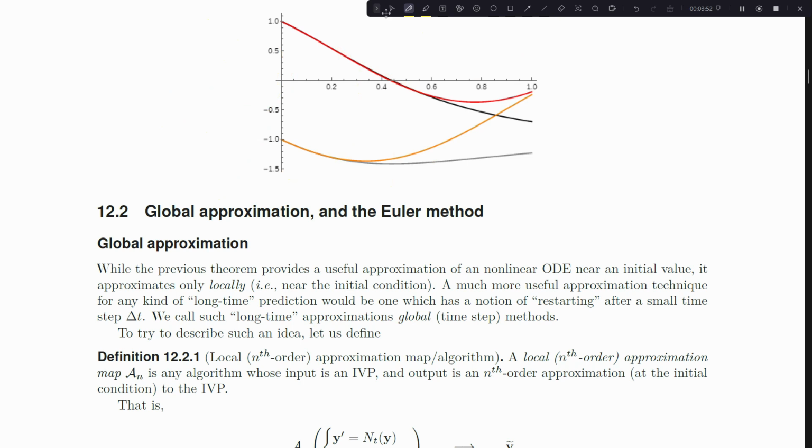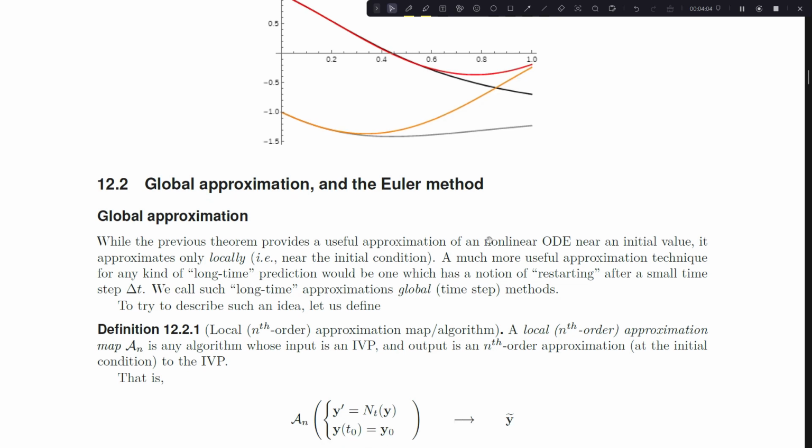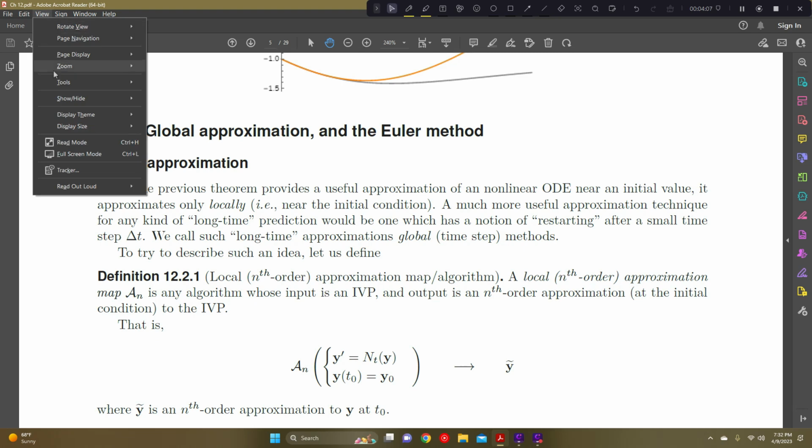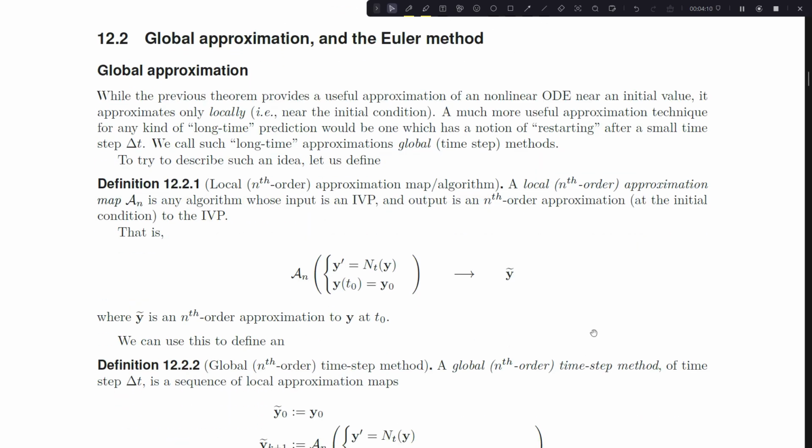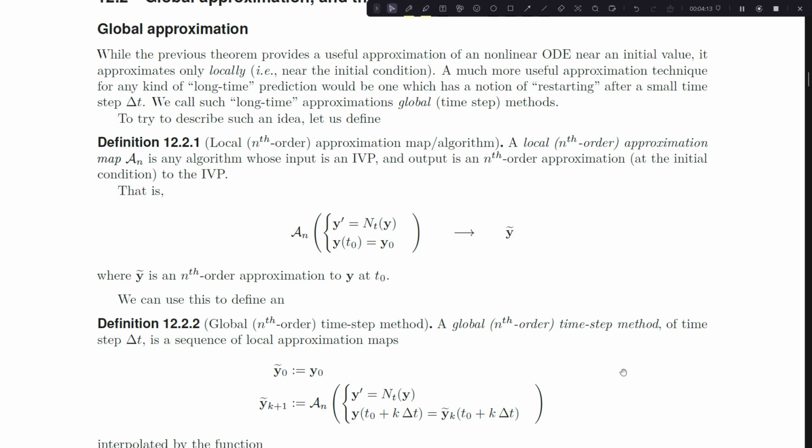This is basically like saying I'm going to run along tangent lines to the solution curves. How long will the tangent lines to the solution curves actually last? If I only run along a tangent line over a very short period of time and then repeat, I'm going to get something that approximates very well.